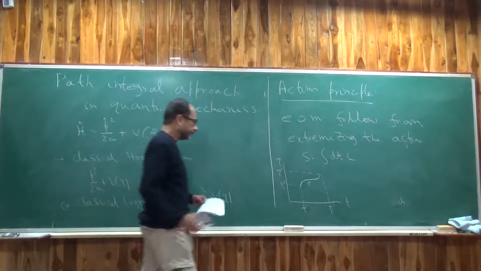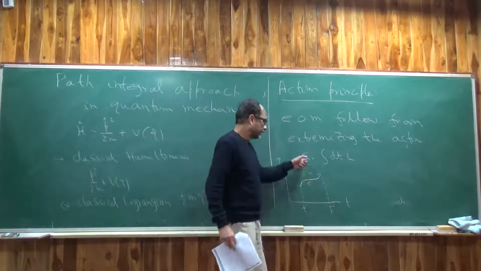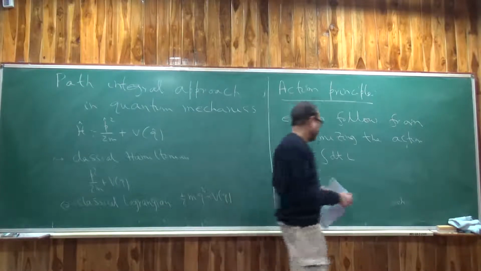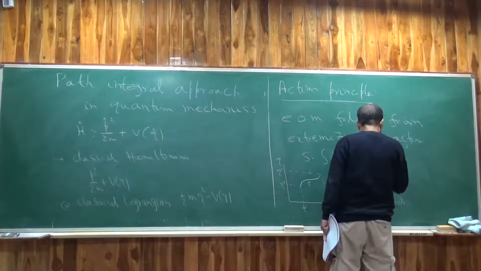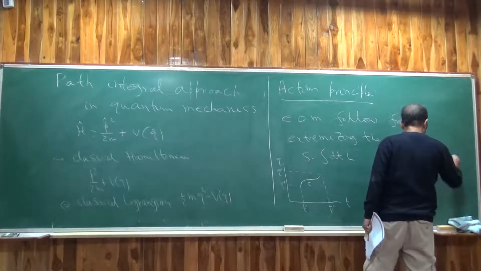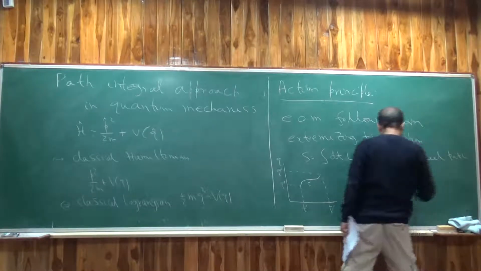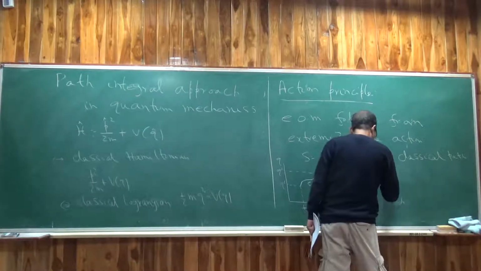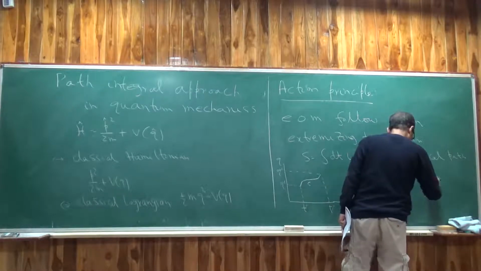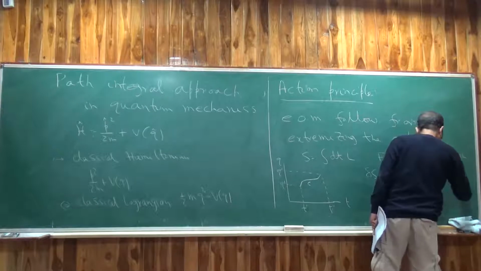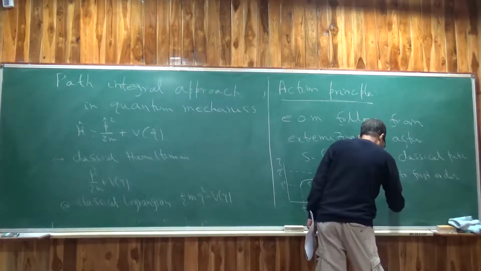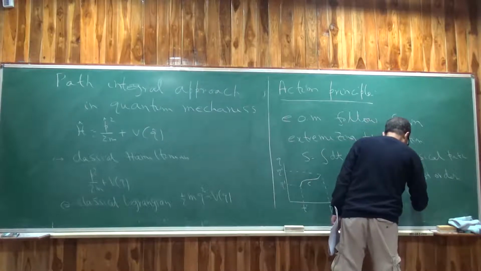And then you vary this path until the action is extremized, which means that for the classical path, delta S is equal to 0 to first order for any variation of the path.